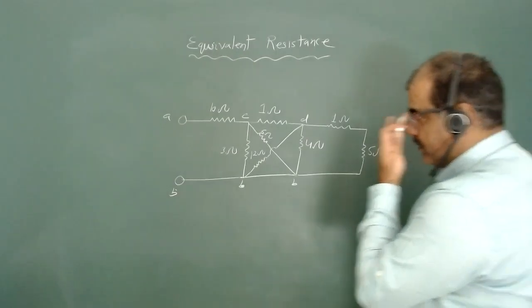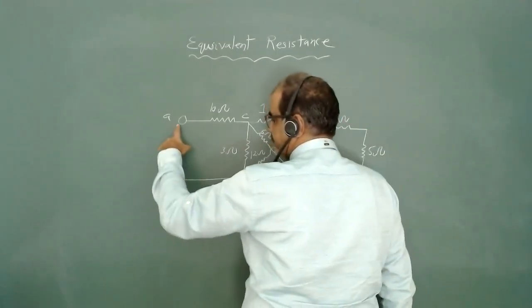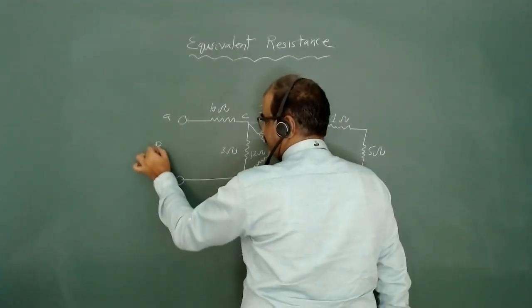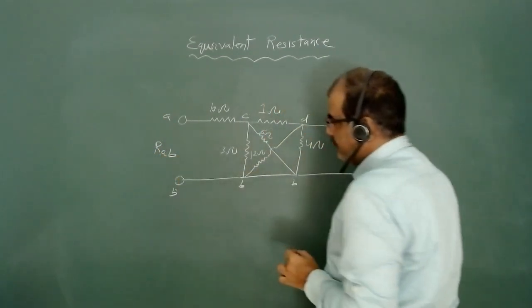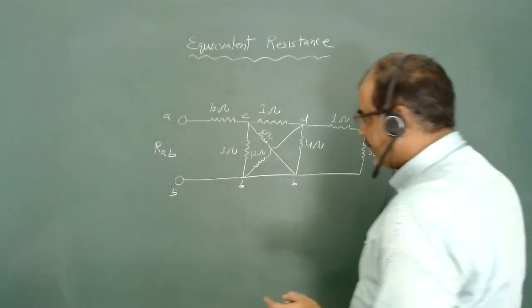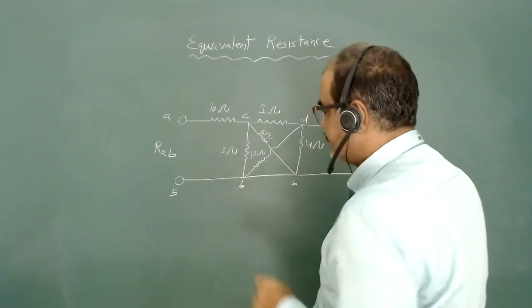Now I want to calculate total resistance across AB, the equivalent resistance RAB. So what is equivalent resistance?